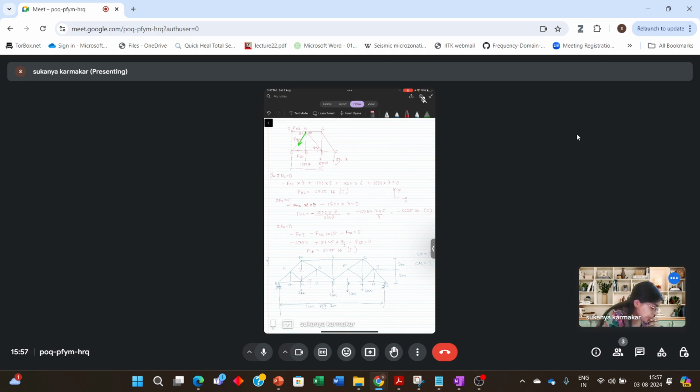So method of joints will be very cumbersome. One thing you can do, you can cut a section like this.